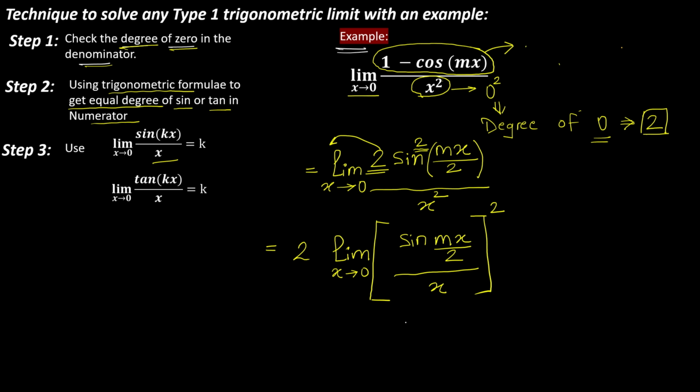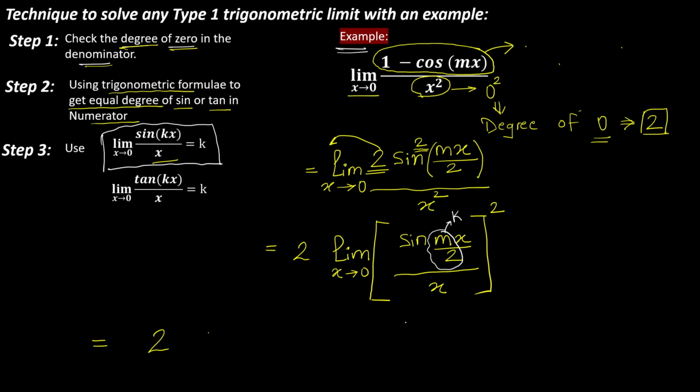Now if you observe over here, this is like sine kx divided by x, where k is m by 2. So this will really become 2, and in fact, I can get rid of the limit now because I have the result.